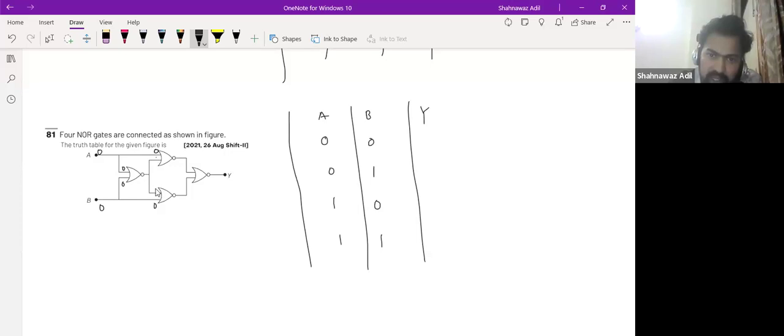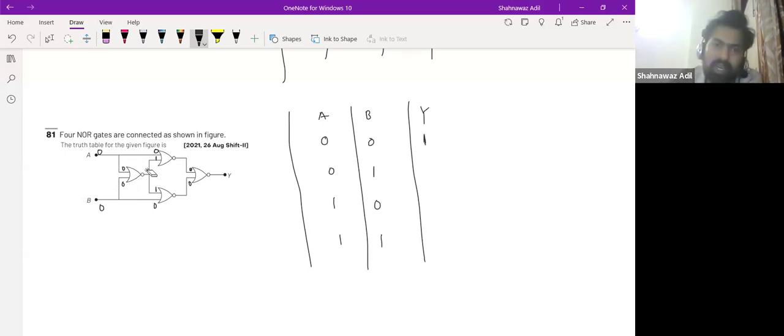So in here we have 1. 0 plus 1 is 1 and then 1 bar, so in here we have 0. And 1 plus 0 is 1, 1 bar is 0, so in here we have 0. So 0 plus 0 is 0 and then bar, so that is 1.